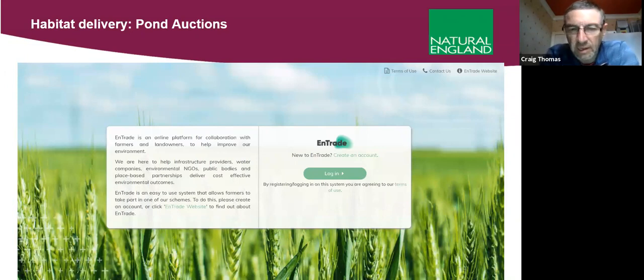On top of that, a development over the last 18 months has been something we call pond auctions. So the traditional mechanism of delivery is a project officer working within a habitat delivery body, going out to landowners that may be amenable, using those contacts, discussing whether they'd like ponds on their land.